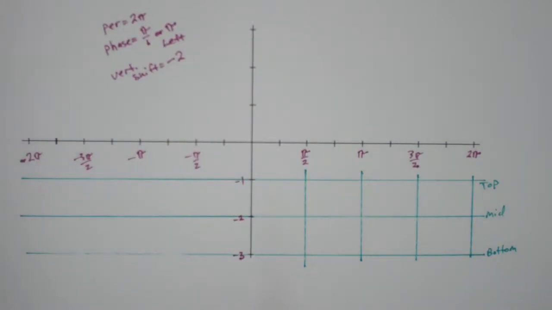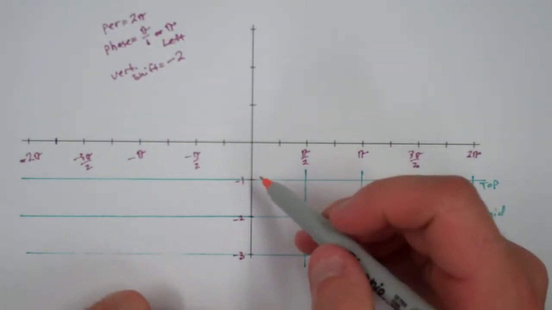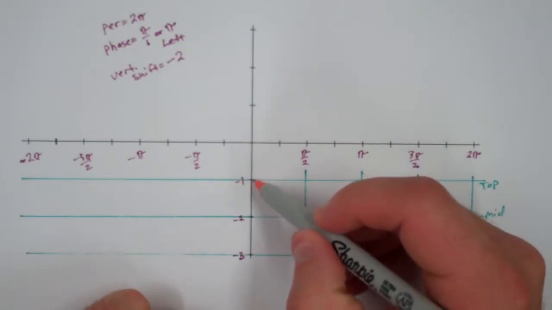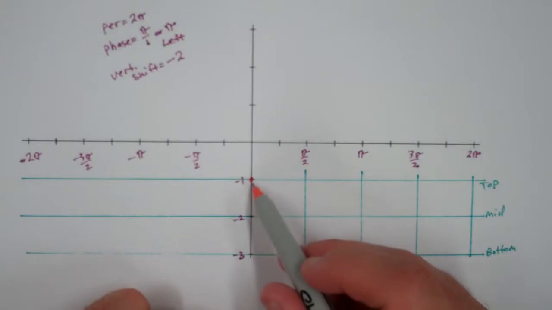The next thing I like to do is graph without the phase shift. Let me try to find a good marker here that we haven't used yet. It's a cosine curve, so we know we're going to start at the very top line. I know it's a negative 1, but I mean the very top line.